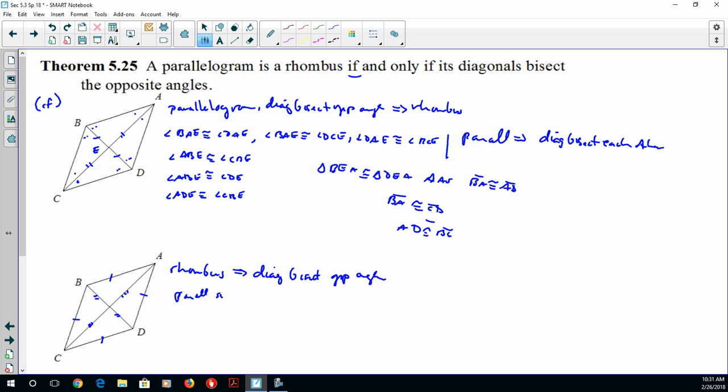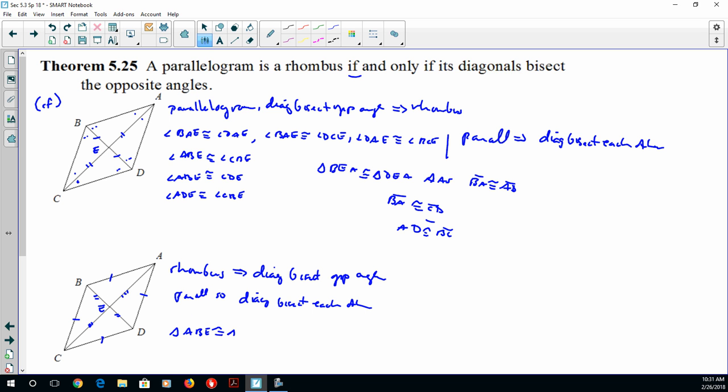So by side, side, side, I've got triangle ABE, and I should put E in here where it's always been. Is congruent to triangle ADE. Okay, and this is side, side, side. And that means that these angles have to be the same.